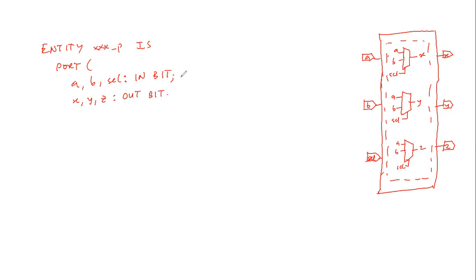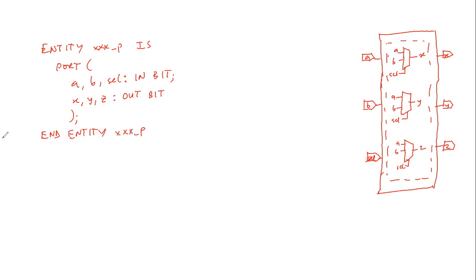Then now, this is critical. The last line here does not need a semicolon. We can close this up with a semicolon. Then remember, we have to end our entity, end entity. Then our name is XXX_P.